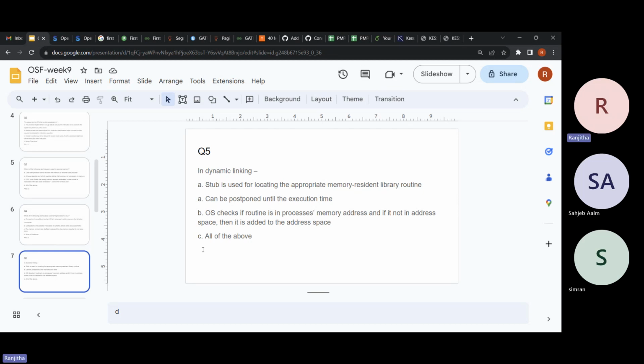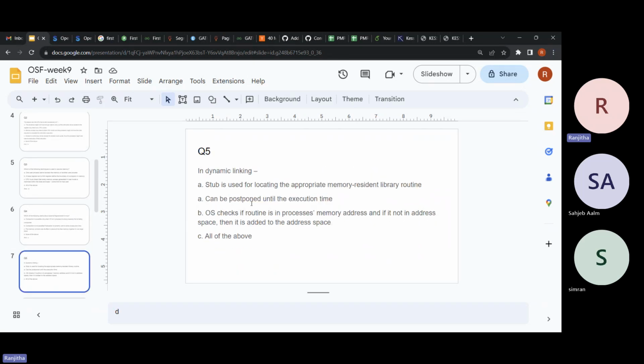The next question. In dynamic linking, stub is used for locating the appropriate memory resident library routine. Dynamic linking can be postponed until the execution time. Then the operating system checks if the routine is in the process's memory address space, and if not, it is added to the address space.